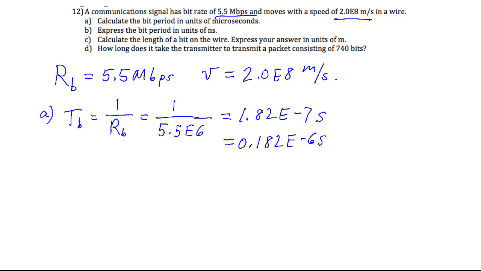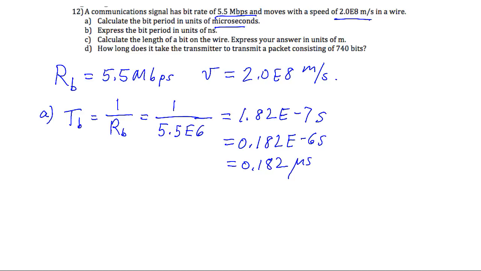I'm turning this into 10 to the minus 6 seconds because it wants the answer in microseconds. And so this is 0.182 microseconds. And that agrees with the answer that's given in the Excel sheet that I give you guys.